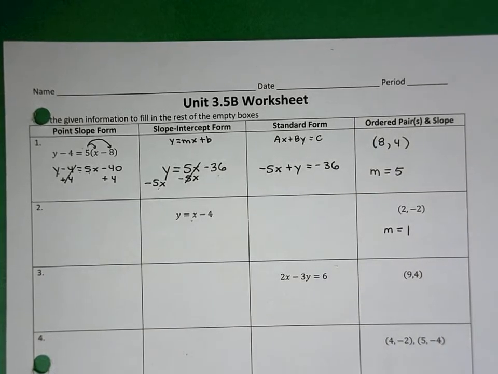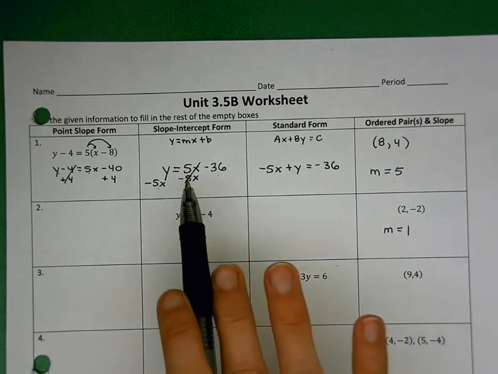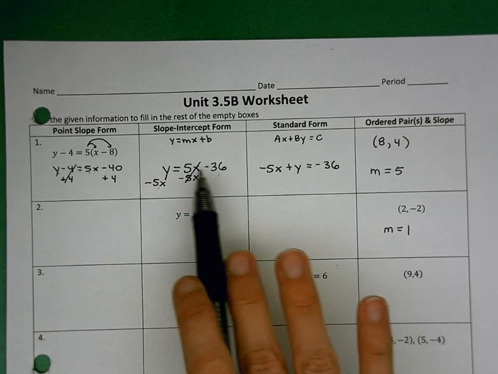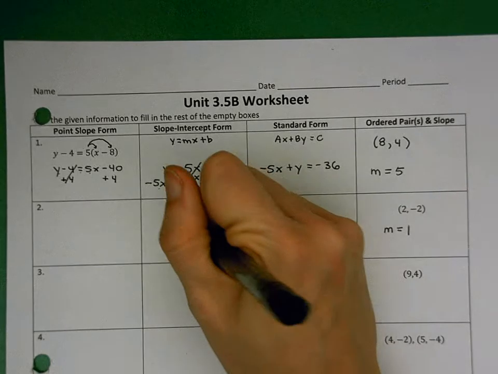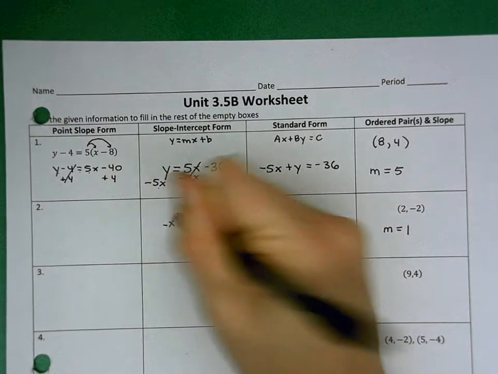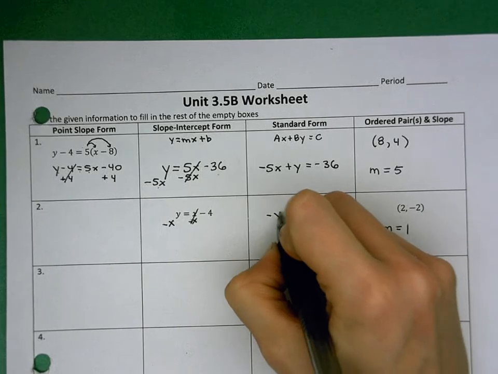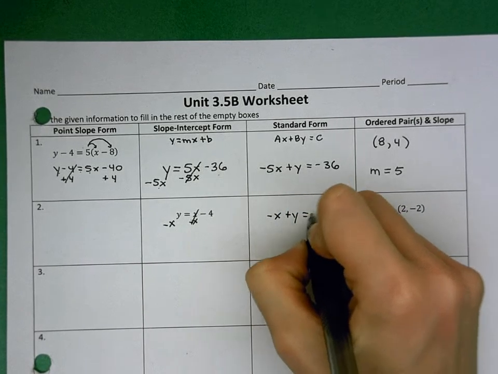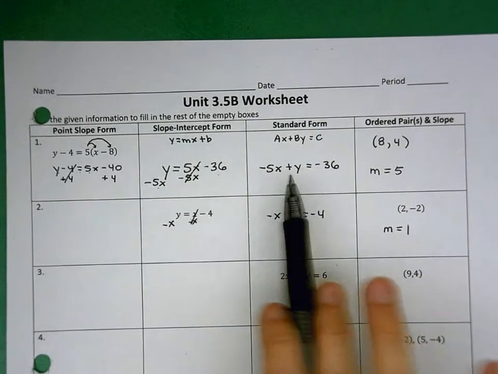And so my slope in this case is 1. Okay. We already talked about how to turn slope-intercept into standard form. We did that up above. We need to get the x over on the same side as the y. And so we'd have negative x plus y equals negative 4. It's the same step we did up here.